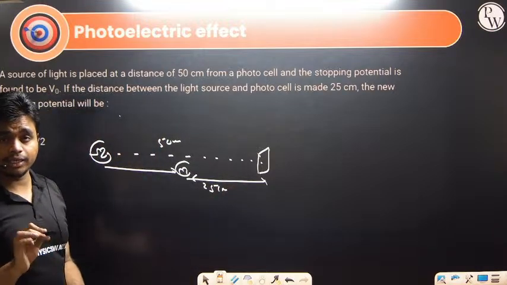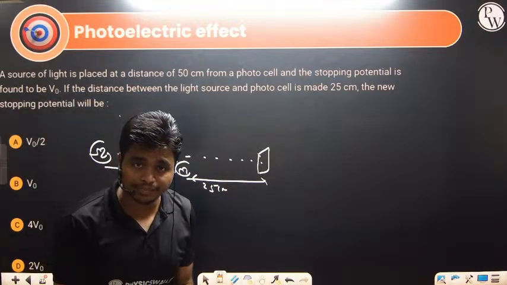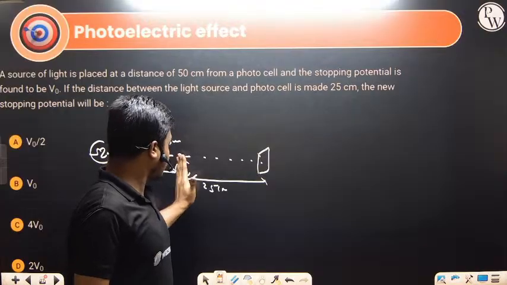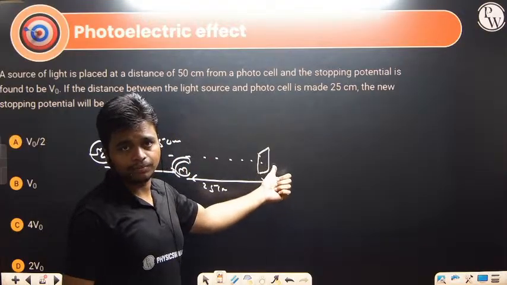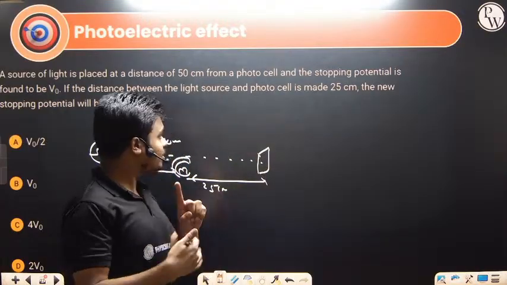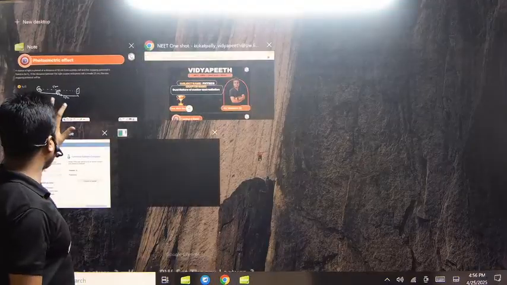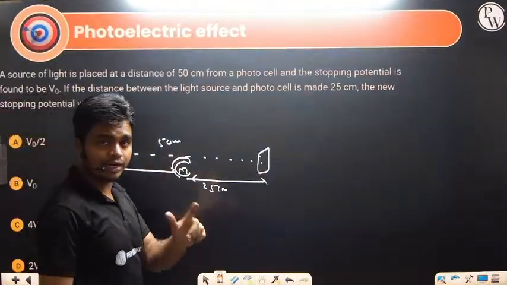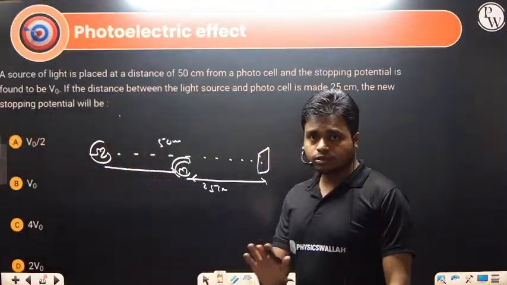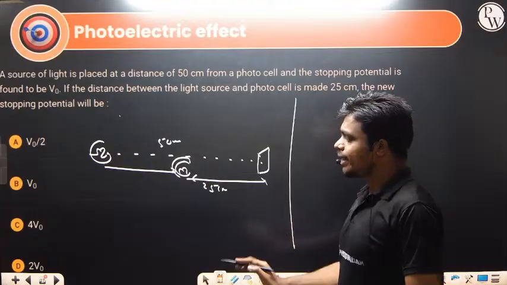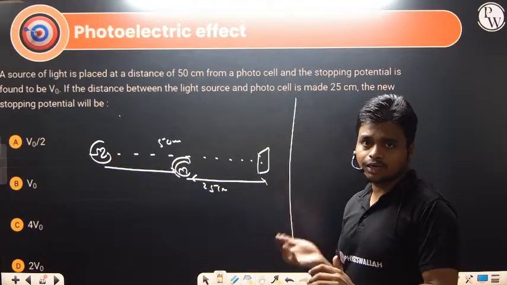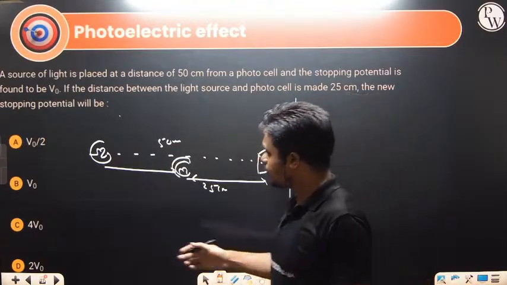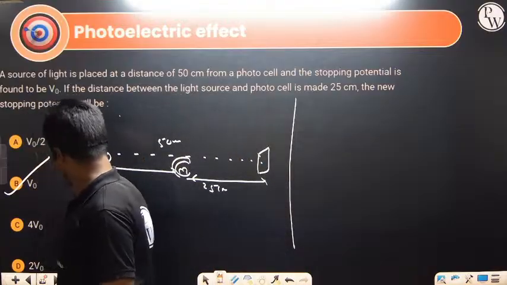Frequency will not change, intensity will change. Intensity will increase because we are placing the bulb closer to the cell. But they're asking for the new stopping potential. Stopping potential has nothing to do with the intensity of the light, as I told you. It only depends on the frequency, so it will remain the same.